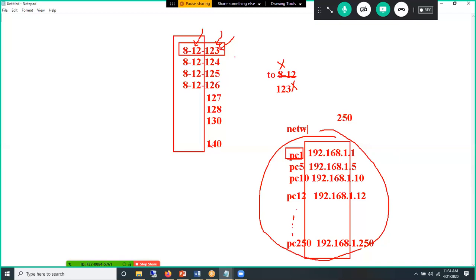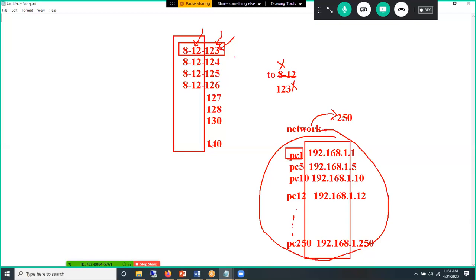Whenever you want to see the network portion, network means you have to see the complete set of devices, not just one or two. In the entire 250 machines, the complete IPs will have the common number. That number we represent as the network portion.